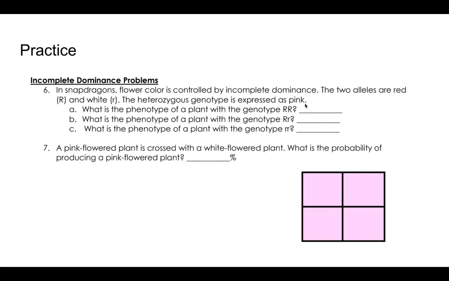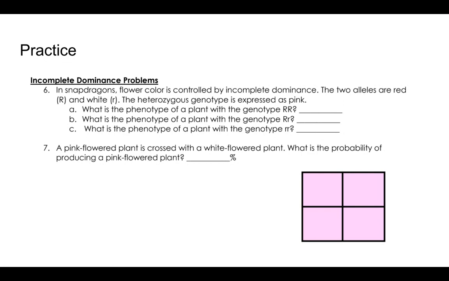So really quickly, if they had left out this part of the sentence, controlled by incomplete dominance, and they didn't tell me that, I could still understand this to be incomplete dominance just by reading the characteristics. 2 alleles, 1 red, 1 white, and the heterozygous gives us a new color that is a blend of the other two, right? Gives us pink.